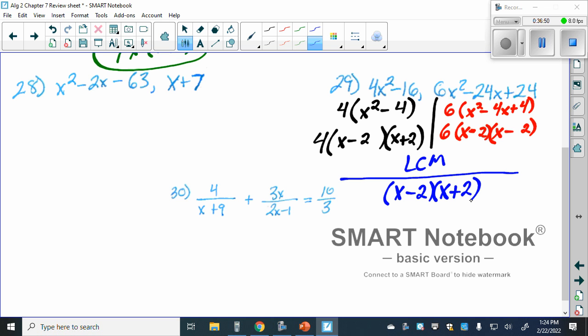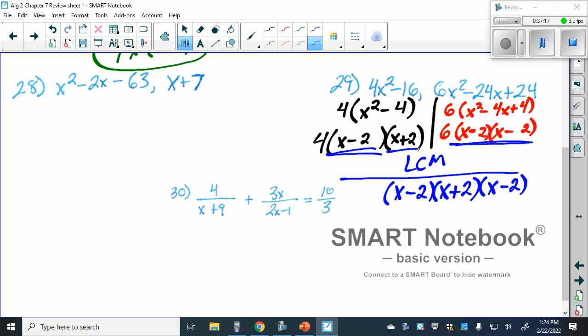So we need any other sets of parentheses. We'll need an x minus 2, because here x minus 2 shows up once, so we need it once. Here it actually shows up twice. Since x minus 2 shows up twice in one of the two terms, we need it twice. Even though it does show up once here, since it shows up twice here, we need it twice.